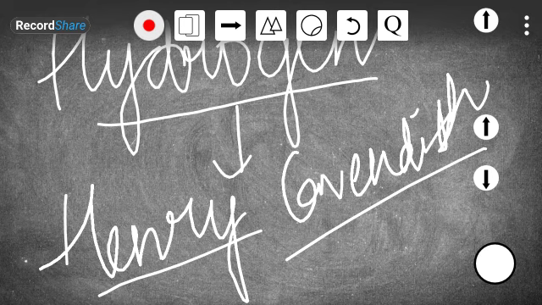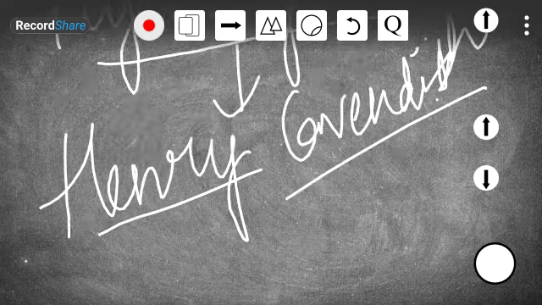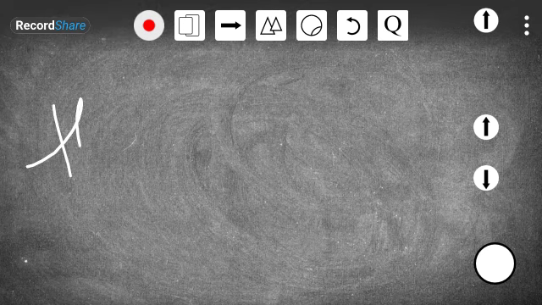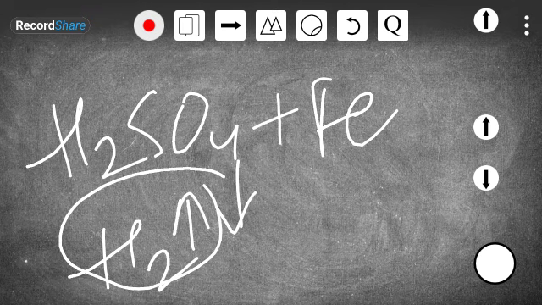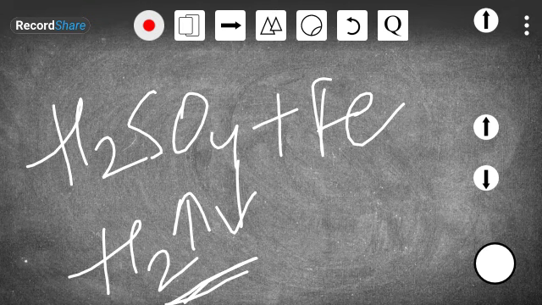This you have to remember. How he prepared it? When he reacted dilute H2SO4 with iron, he got hydrogen gas from there. Okay, hydrogen gas was evolved from there.